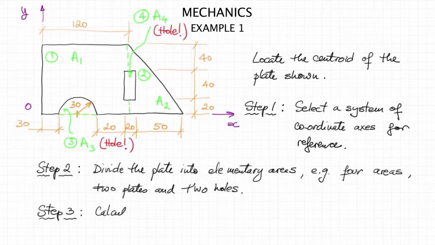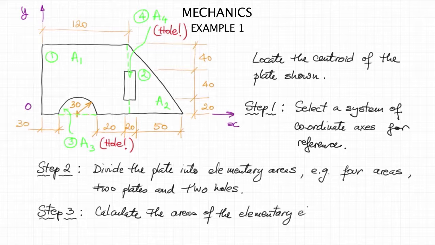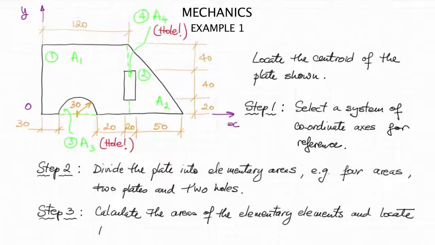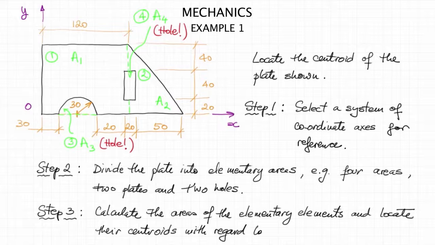Then, in the third step, we will have to calculate the areas of these four elementary elements, locate their centroids with regard to the selected coordinate axes, and then perform the calculations in order to determine the coordinates of the centroid of the entire composite plate.